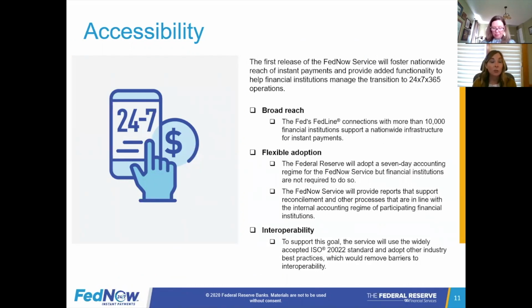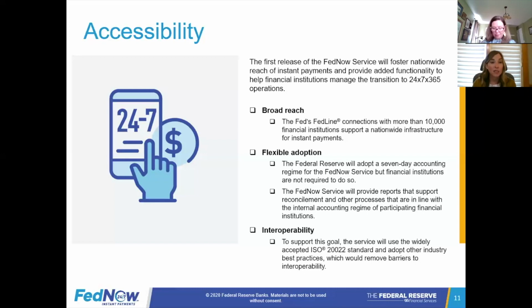The Federal Reserve's broad reach, based on the connections and customer service relationships we have with more than 10,000 diverse financial institutions across the country, will support a nationwide infrastructure for instant payments through the FedNow service. Features that will support flexible adoption of the FedNow service include support for banks' use of agents and correspondents, much like you do today, as well as an option to enroll as a receive-only participant.